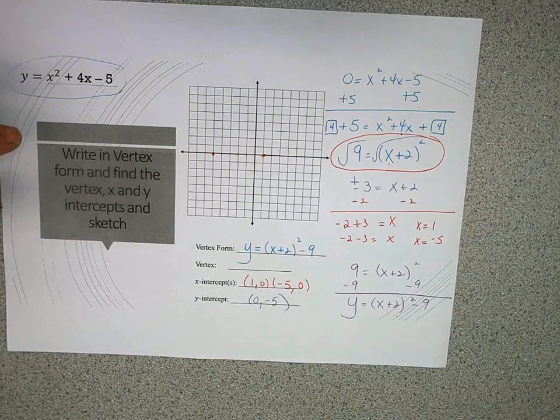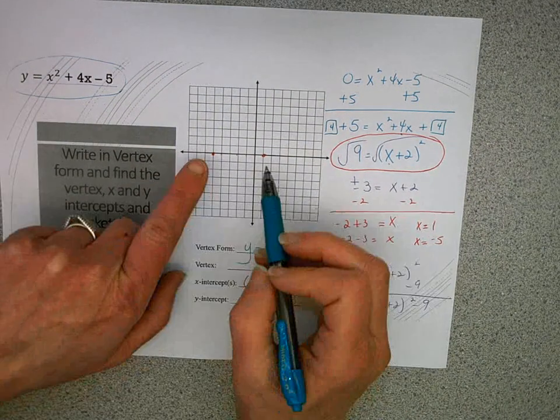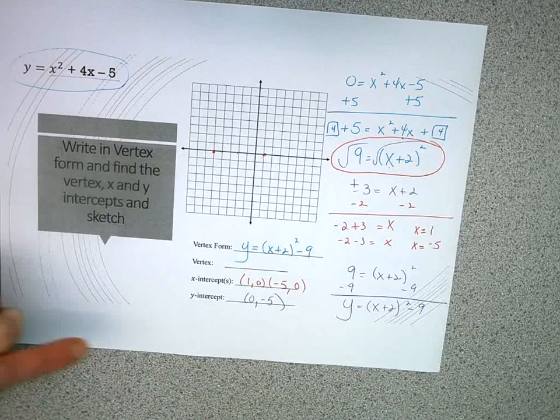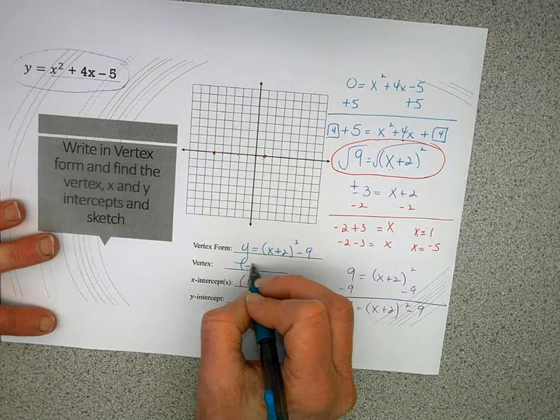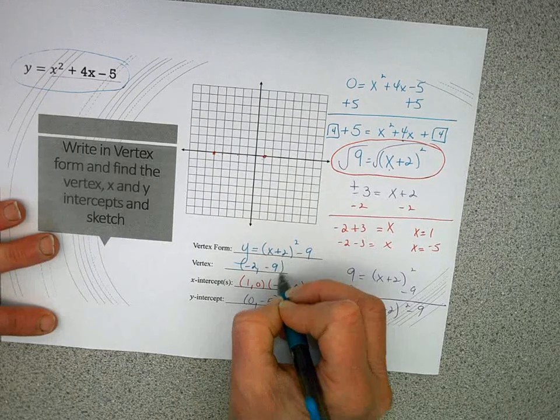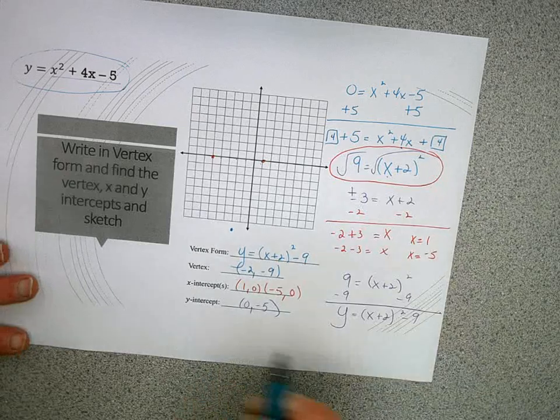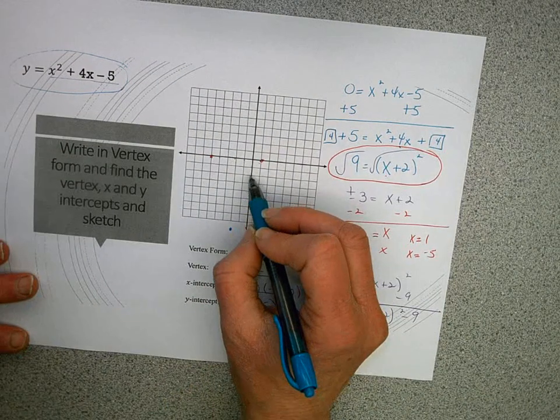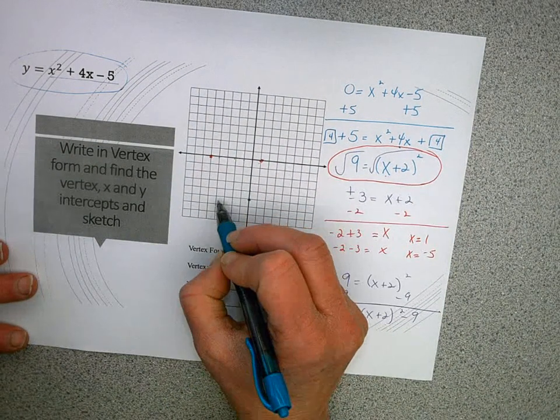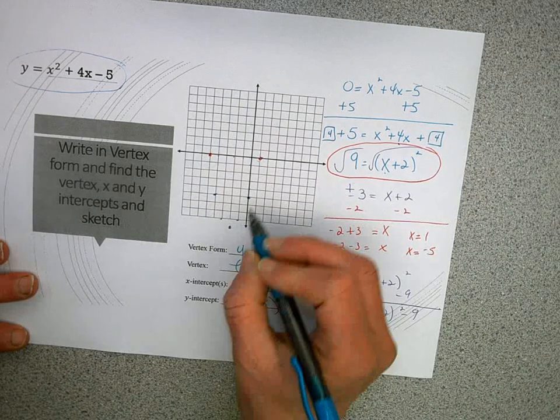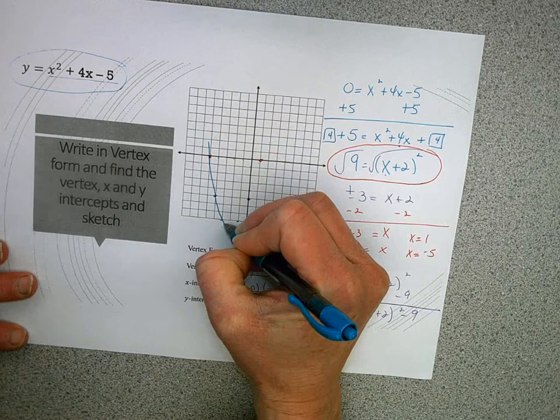Okay, we should know our line of symmetry should be at x equals -2, which is the same as our h value, and our k value is -9. We could also use our y-intercept to help us, and we can also use an a value of 1 to help us. And everything should come together.